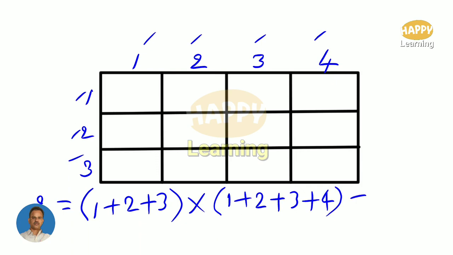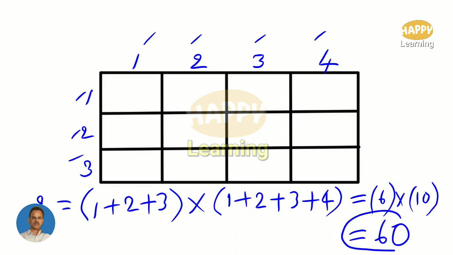That will be equal to 6 into 10, so this is equal to 60. So total 60 rectangles are there in this diagram.